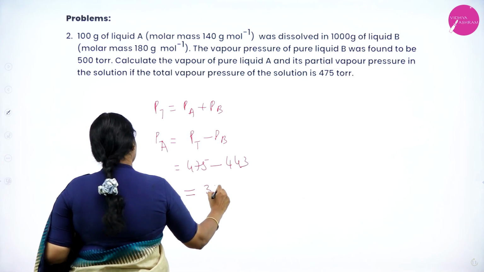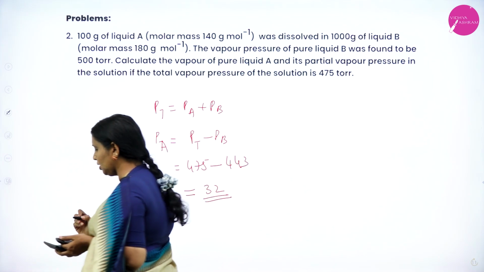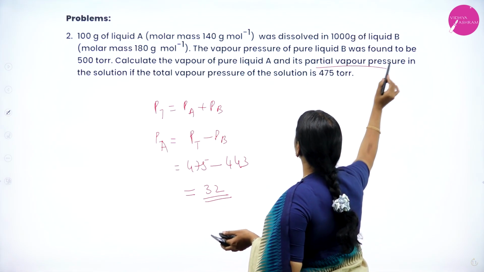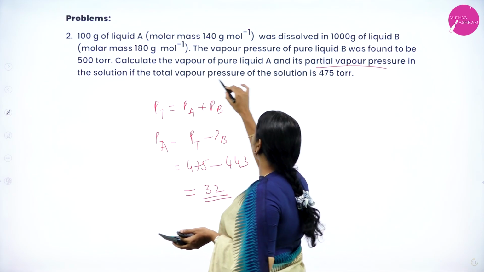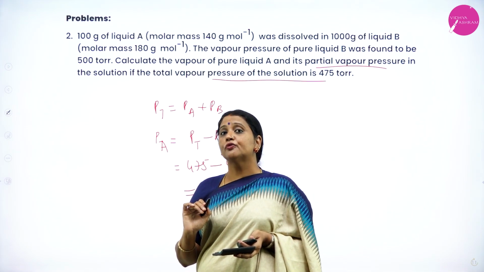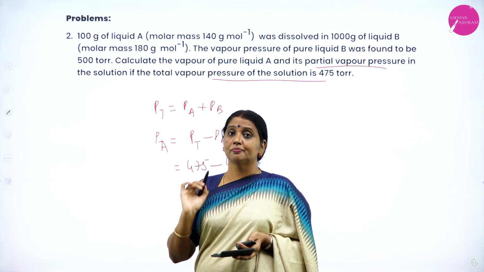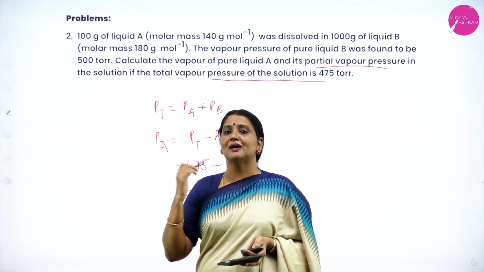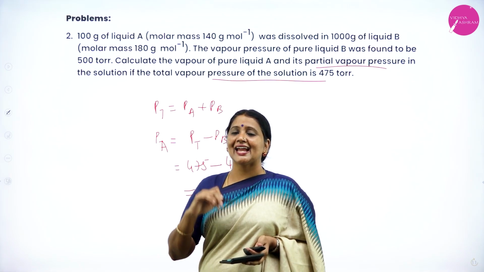You will get 32 torr. Okay. This is how you find out the partial vapor pressure in the solution when the total vapor pressure is 475. Therefore, if you want to find P total, the total pressure of the mixture, you should add the partial pressures of components A and B.